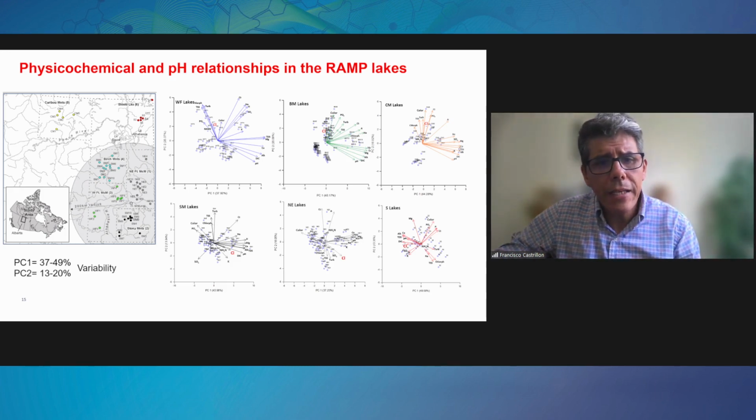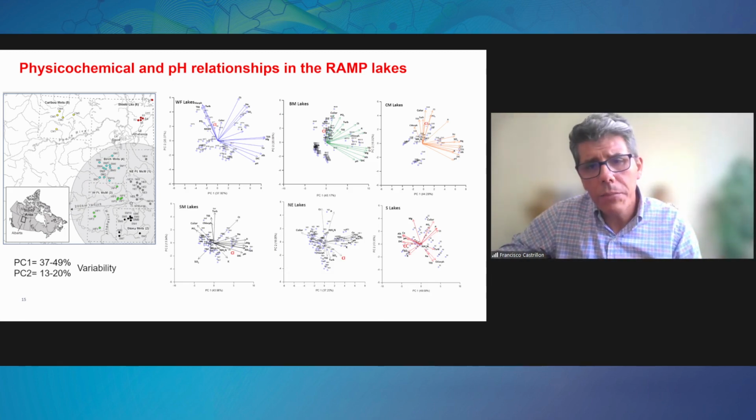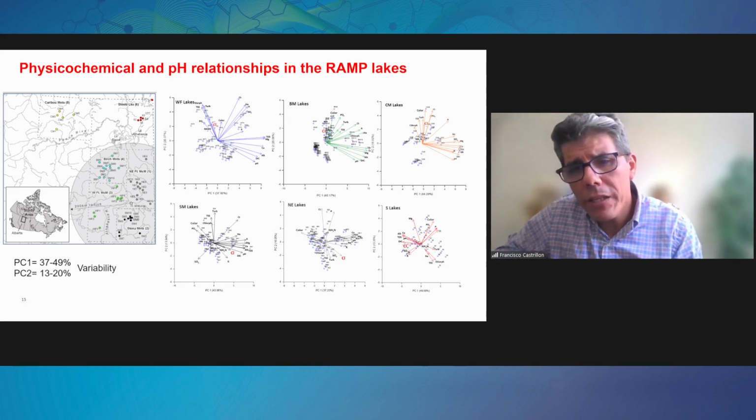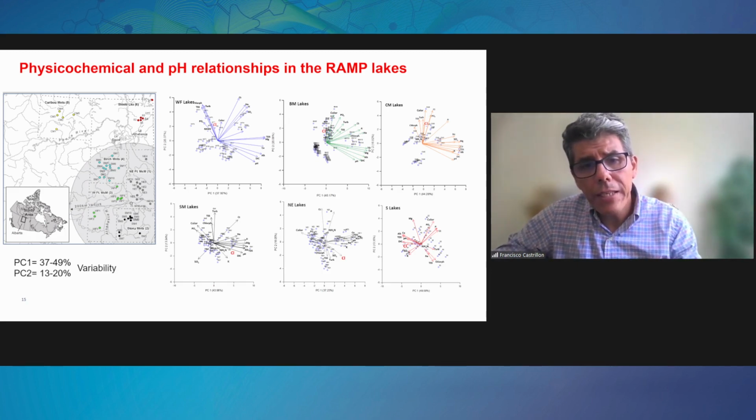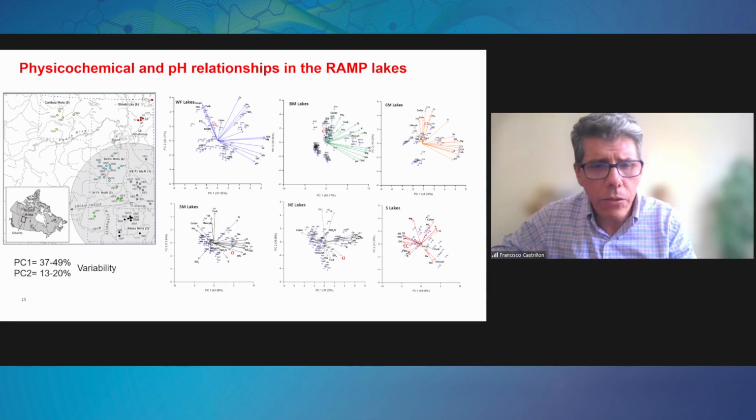On the right-hand side, where you see positive values in principal component 1, the top lakes show a consistency where the pH is associated with dissolved organic carbon, alkalinity, calcium, magnesium, and TDS. So intuitively this confirms that alkalinity is a major component controlling the pH, and also that the dissolution of carbonates is a major process in these lakes, in these different groups.